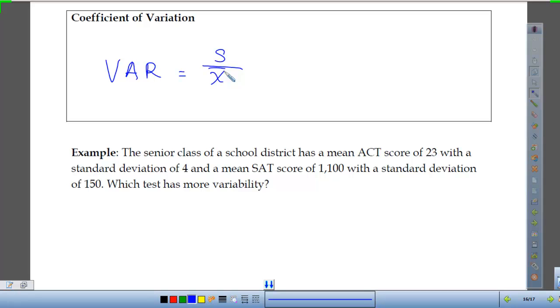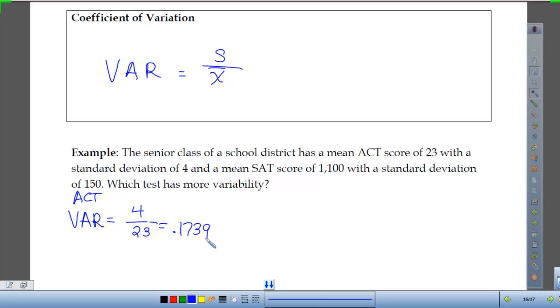So I'm going to do my coefficient of variation. I feel like this is not the right symbol, but we'll go with it for now. The standard deviation for the ACT was 4 over 23. That comes up to 0.1739.